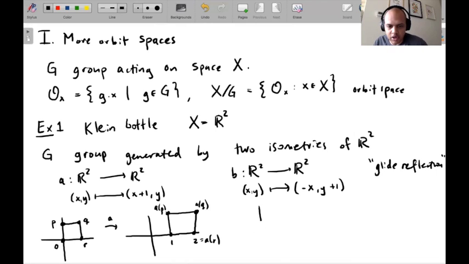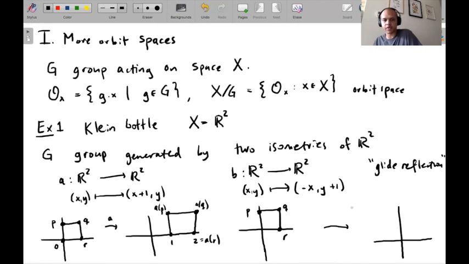Okay, and then let's contrast that with how B works. Let's take the same unit square and look at its image under B. Let me draw this here. We take the vertices P, Q, R, and track what happens to them.